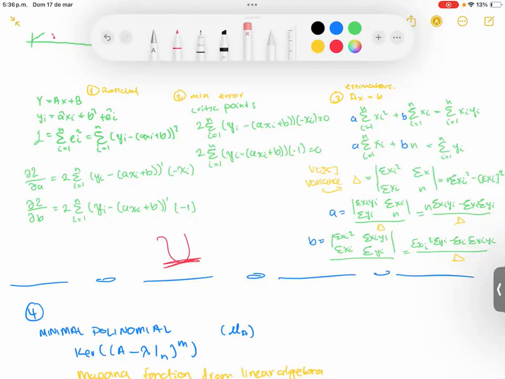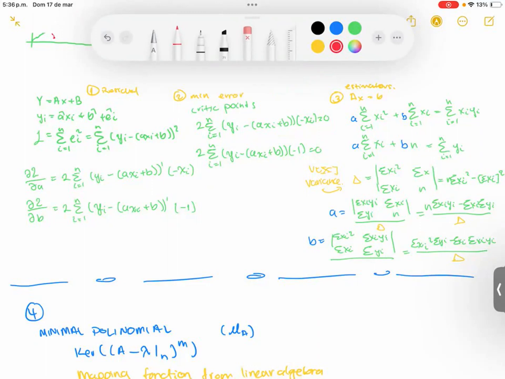Once we have these two equations equal to 0, we get the estimators by computing the equations. What we have done here is the multiplications, and then this part which was negative, we pass to the other side of the equation, and there we have it.